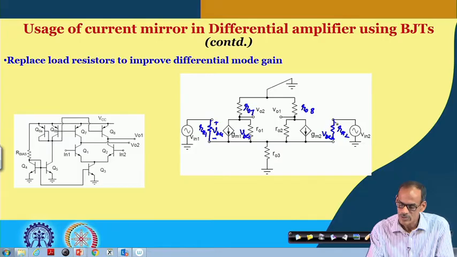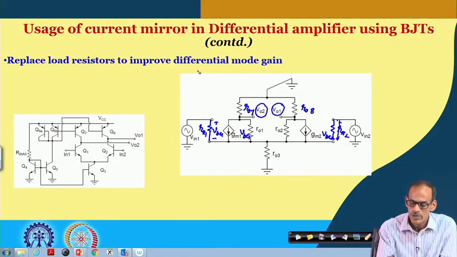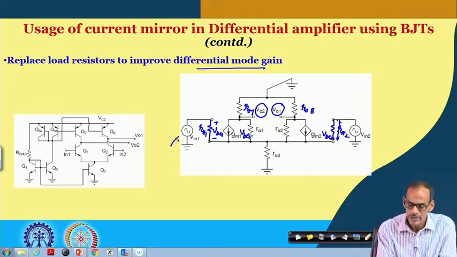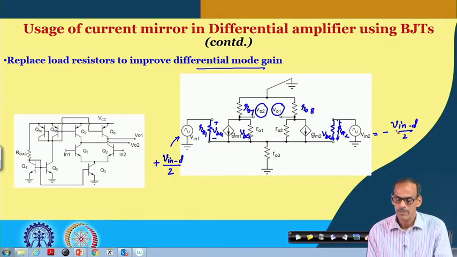Likewise here also we can get the VBE 2, and then we have the corresponding output. For differential mode of operation, half of the differential input is coming as V in 1 with positive polarity, and here it is the remaining half, namely V in D by 2, but with a minus sign.